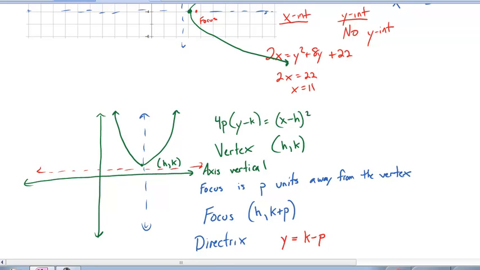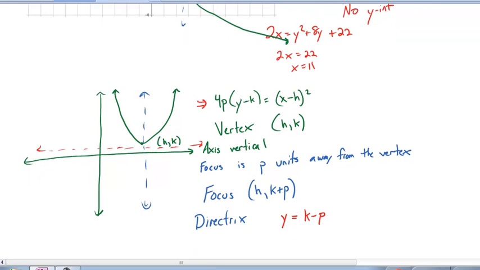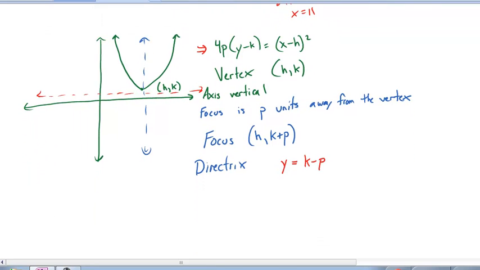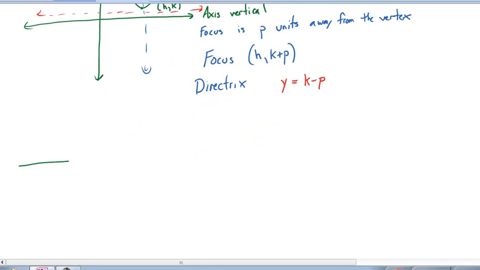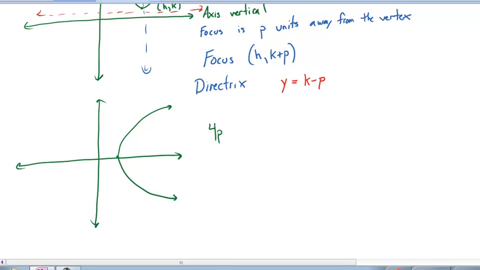And these are all pieces that we can find from the general form. Right? That's the reason we develop the general form and why we come up with these pieces after we look at the general form. If we instead choose a different parabola, so if I instead choose a parabola which opens sideways, I'm going to use the formula 4p times x minus h equals y minus k squared.